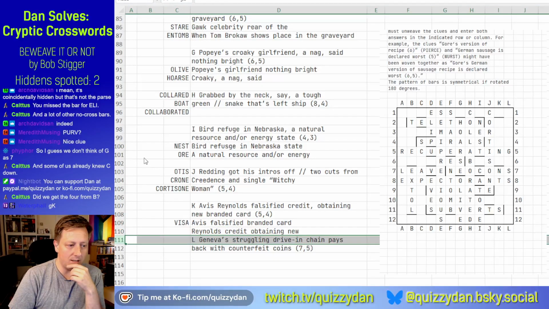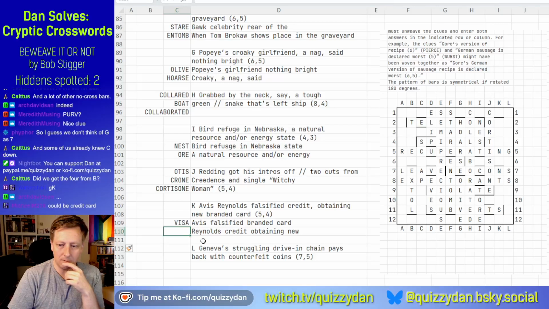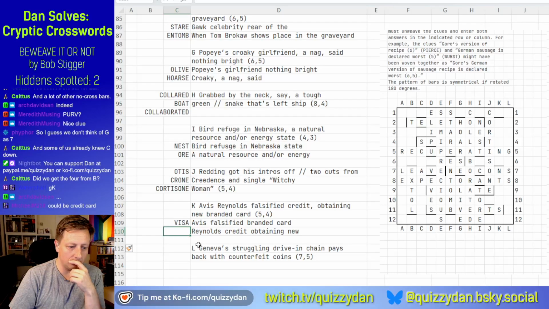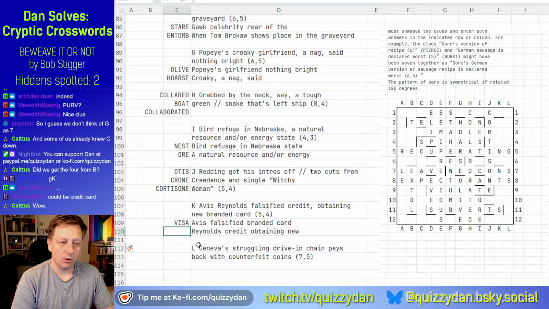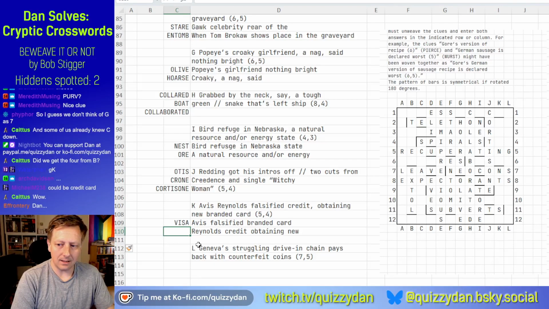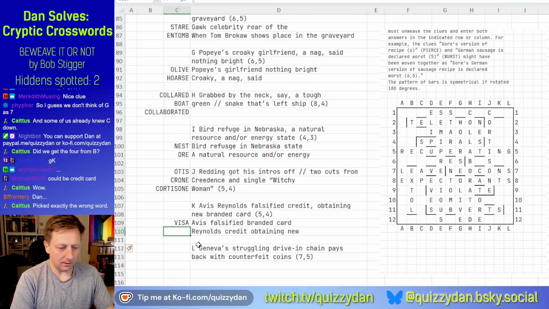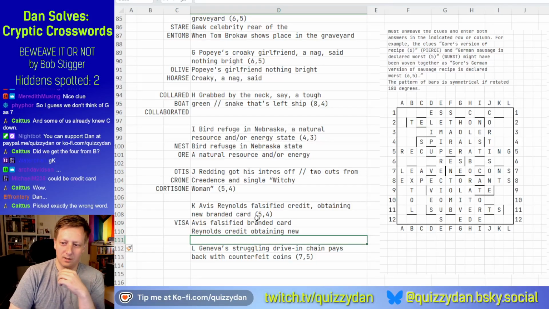Reynolds credit obtaining new. Is it going to be? It can't be Ryan. Is there a Brian Reynolds? Credit. Need an N in there. Is it a hidden? Picked exactly the wrong word.